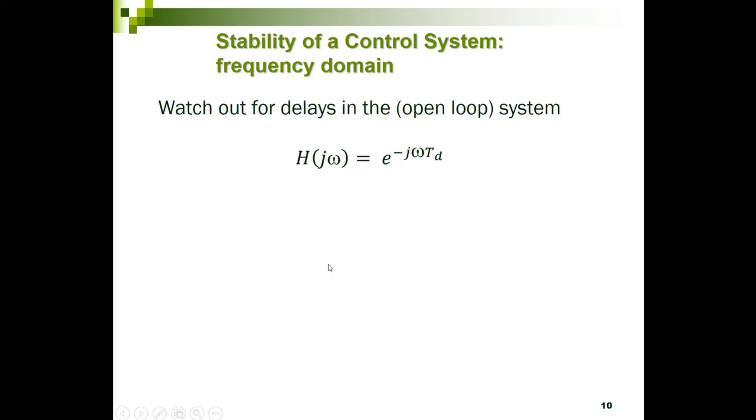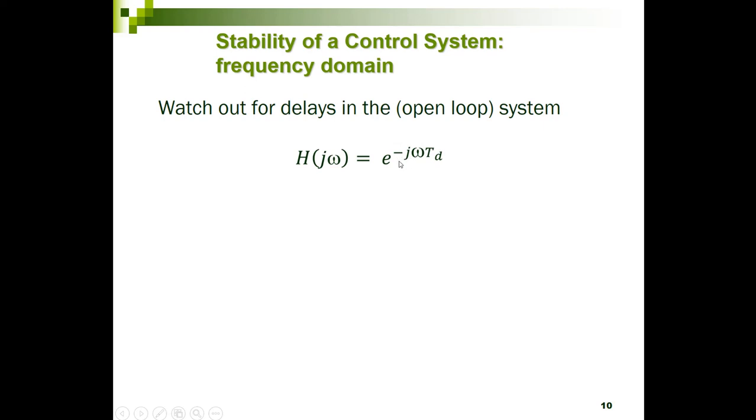Well, this is an important one. Watch out for delays in your open loop system, because a delay transfer function looks like this: e to the power minus j times omega times the delay td. This is an exponential notation of a complex number in which the amplitude is 1, and the phase is everything in the exponent except for the j.